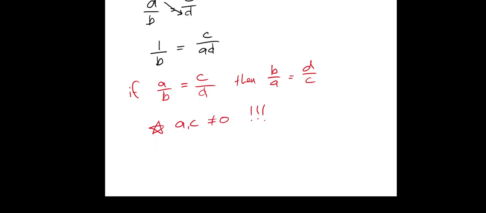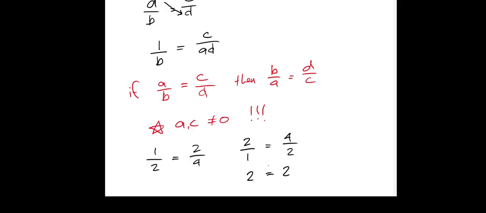Another really simple example. Let's say we have, again, 1 over 2 equals 2 over 4. If this is true, we know that that is true. Then does 2 over 1 equal 4 over 2? Well, 2 divided by 1 is 2. 4 divided by 2 is 2.